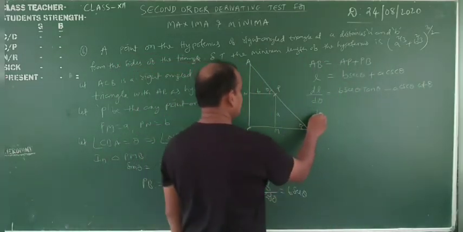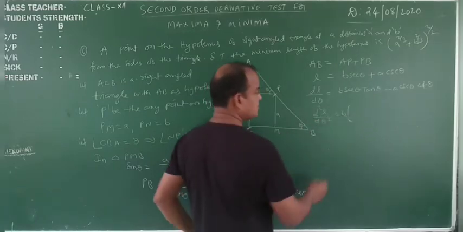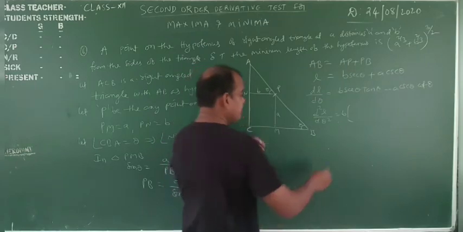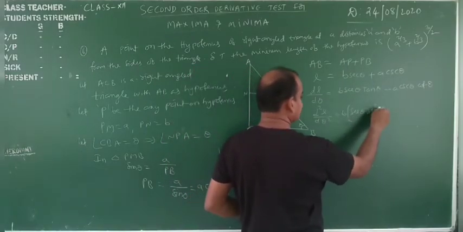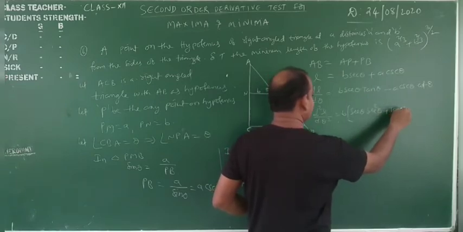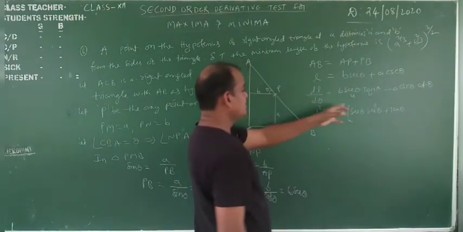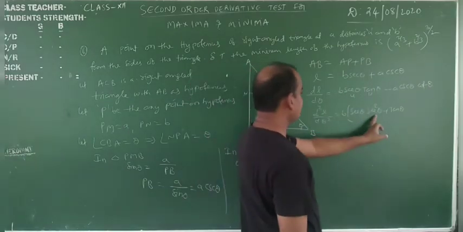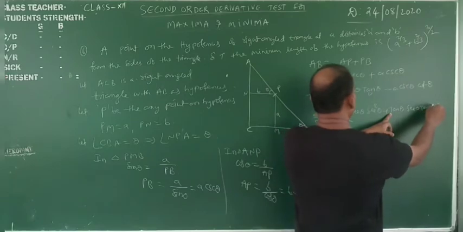Now again d squared L by d theta squared. For b, you must use the UV method, my dear students. Secant theta into tan theta derivative: the derivative of tan theta is secant squared theta, plus tan theta into the derivative of secant theta, which is secant theta tan theta.